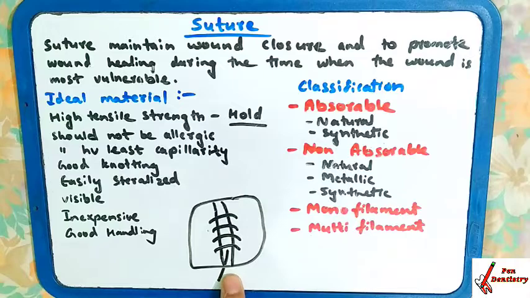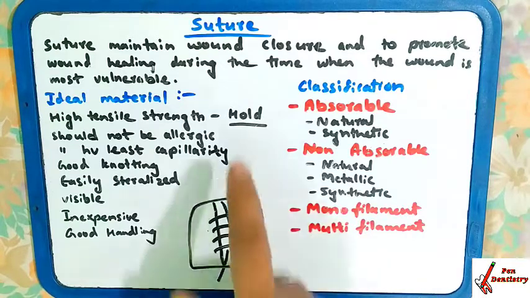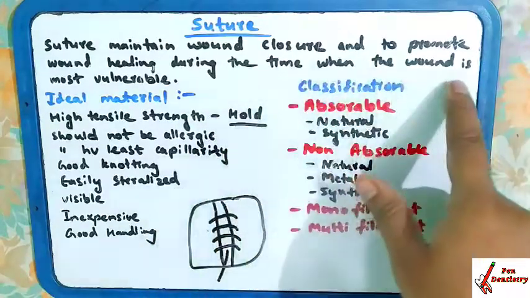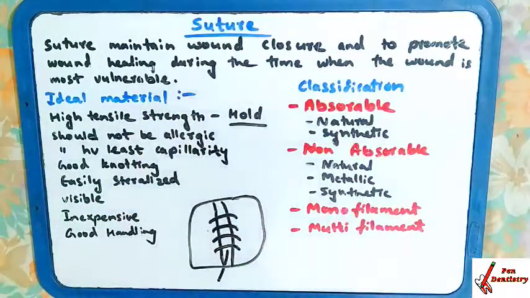It is going to heal nicely during the time when the wound is most vulnerable. Vulnerable means when the wound is very sensitive. At that time the suture is very necessary for the healing process. So this is the suture.